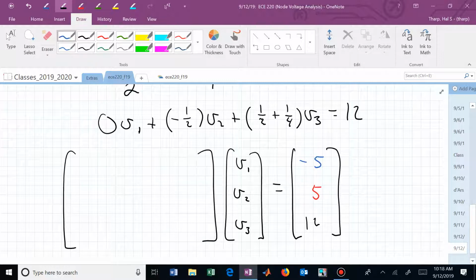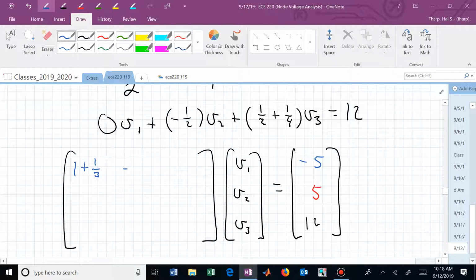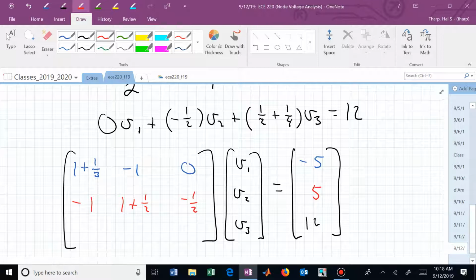And the blue, the top one, was 1 plus 1/3, minus 1, and 0. The middle one was minus 1, 1 plus 1/2, and minus 1/2. And that's just row times column for the different rows.